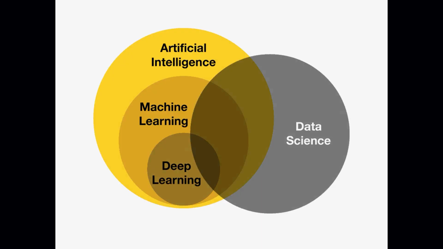Okay, so now that we understand why generative AI, let us understand the basics of what this is: what is artificial intelligence, what is machine learning, and what is deep learning, and how they are related to data science. Data science is a much bigger concept. It is all about extracting knowledge and insights from data using statistics, machine learning, and domain expertise.